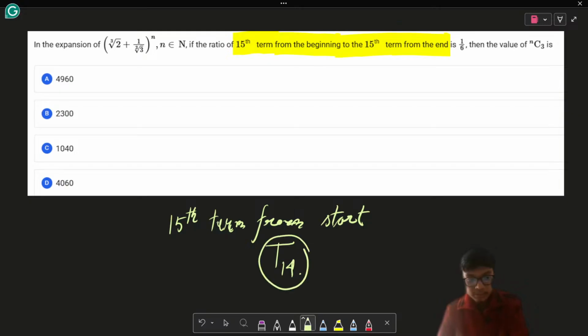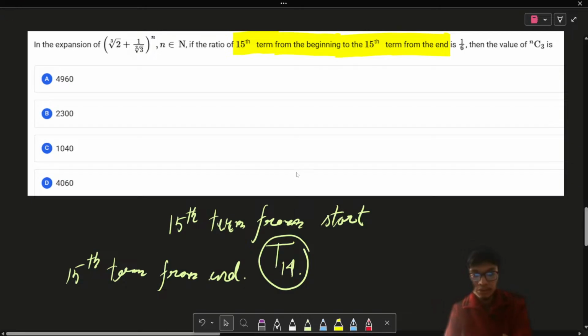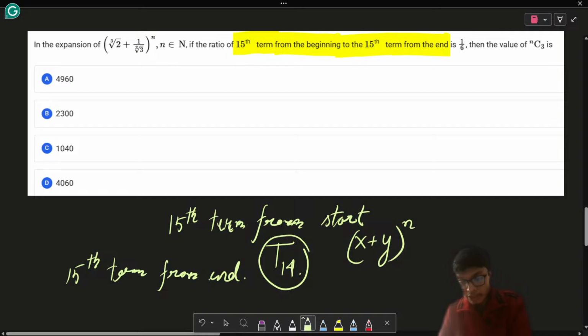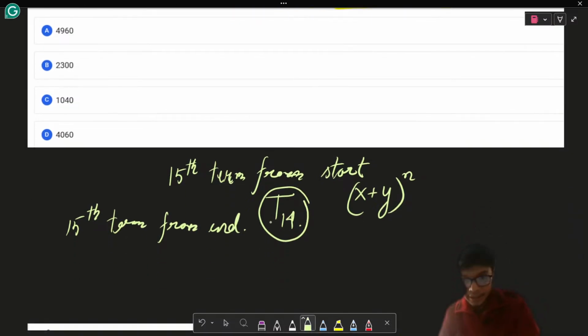And in the case when we need to find out the 15th term from the end, this is the 15th term from the start for the expansion, let us say, of (x plus y) to the power n. Now when we have to find out the 15th term from the end, we just have to reverse this binomial expansion as (y plus x) to the power n.